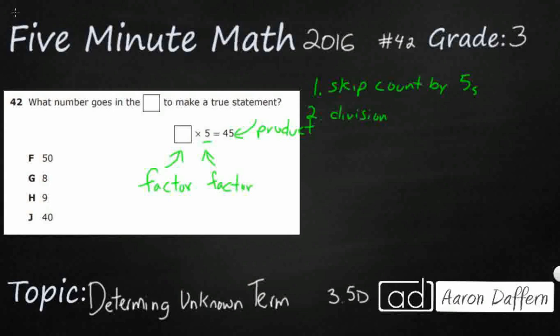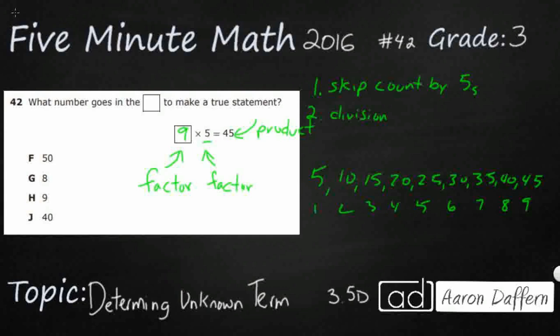If I wanted to skip count by fives, I could just list out my fives: 5, 10, 15, 20, 25, 30, 35, 40, and there we go, 45. Now the question is how many did I count? 1, 2, 3, 4, 5, 6, 7, 8, 9. So it looks like this might be 9 times 5.